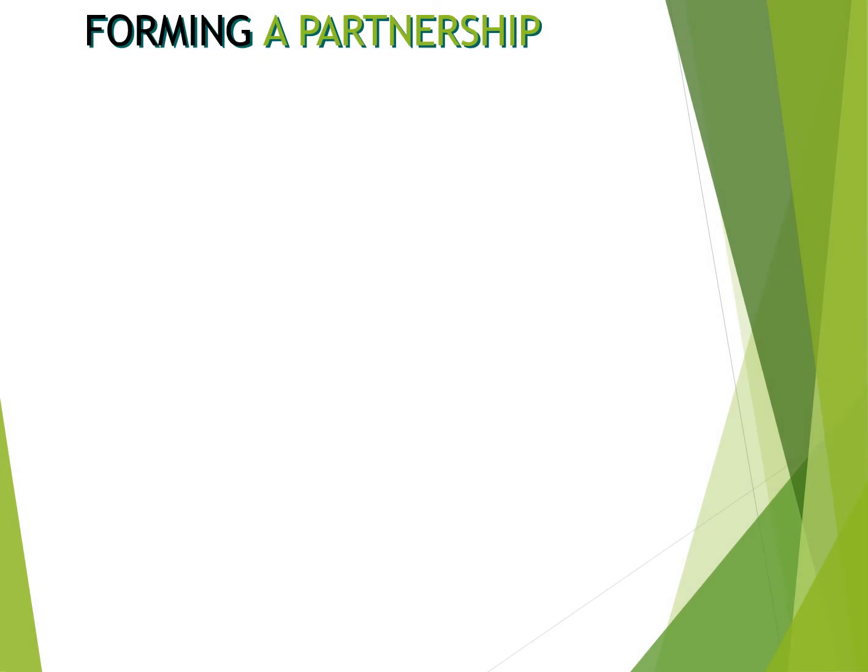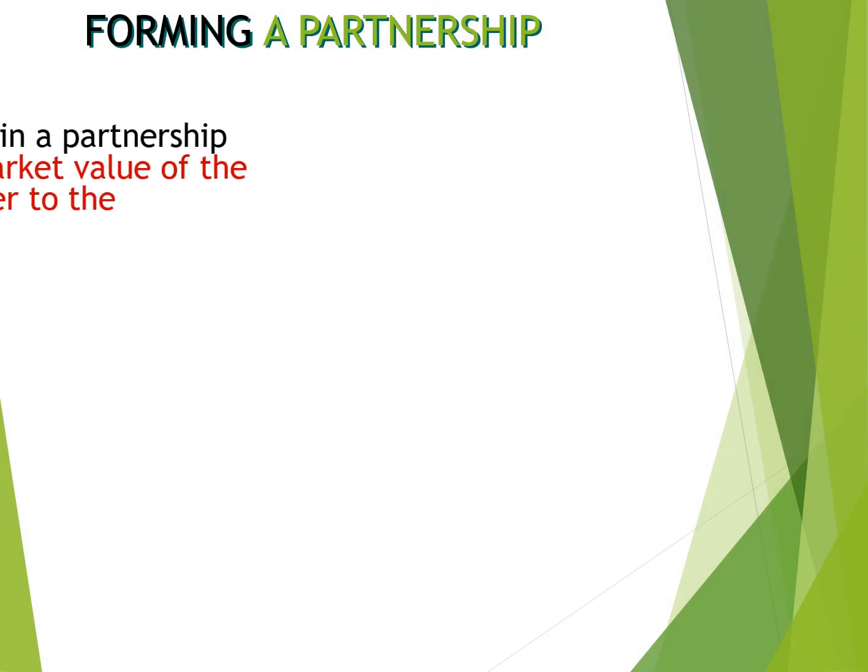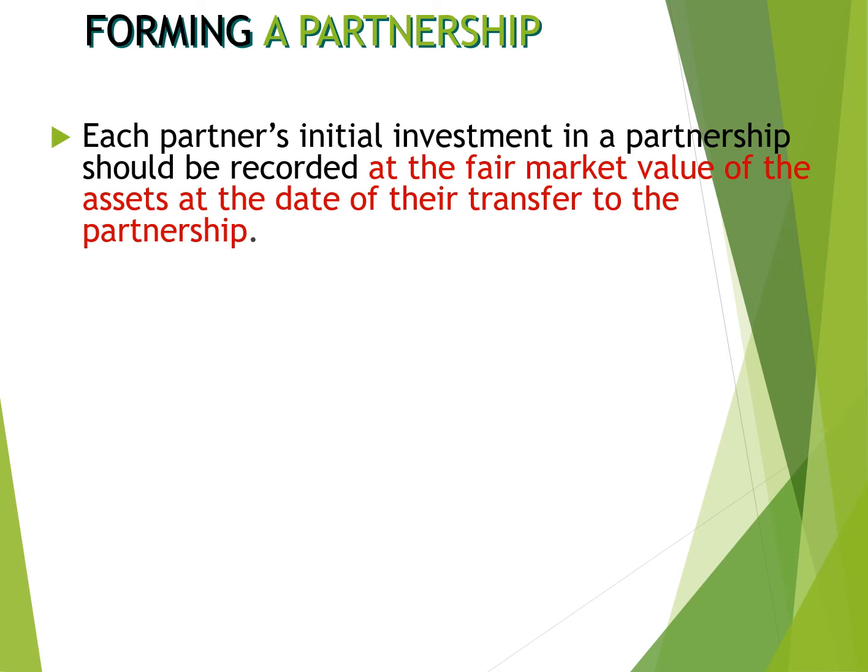So, forming a partnership firm: how can we form a partnership firm? Each partner's initial investment in a partnership should be recorded at the fair market value of the assets at the date of the transfer to the partnership. In a partnership, a partner can contribute cash, and he may also contribute other than cash.